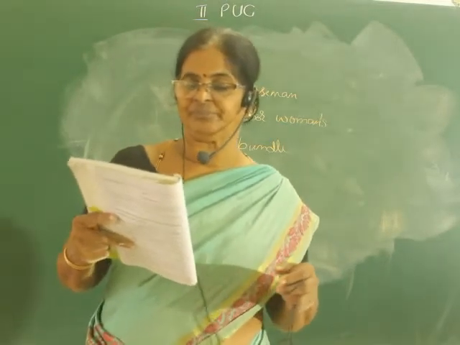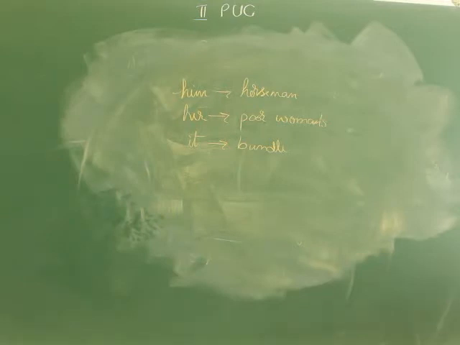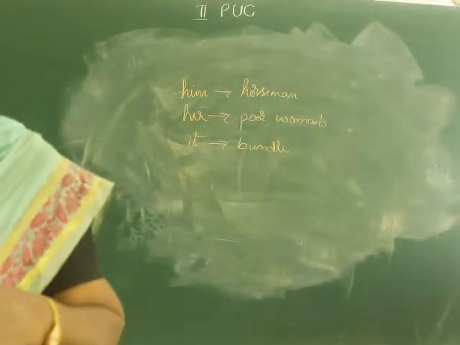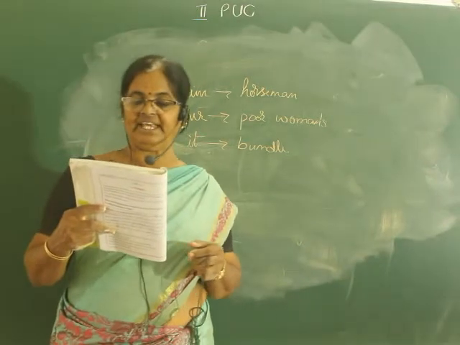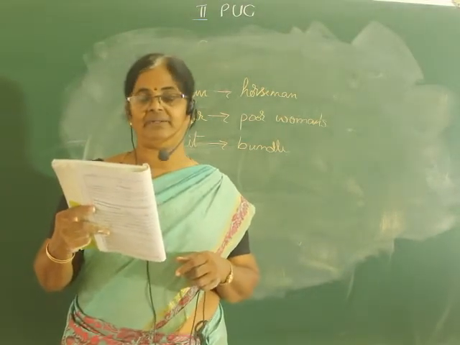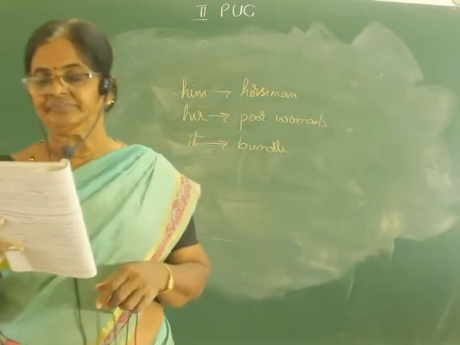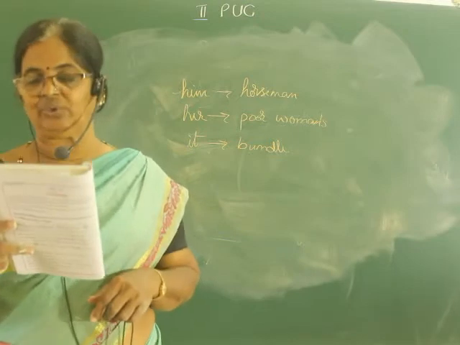Next, an old man came to the farm. The owner of the farm and his wife needed a person exactly like him. Him means the old man. He was well versed in agriculture. He, the old man.